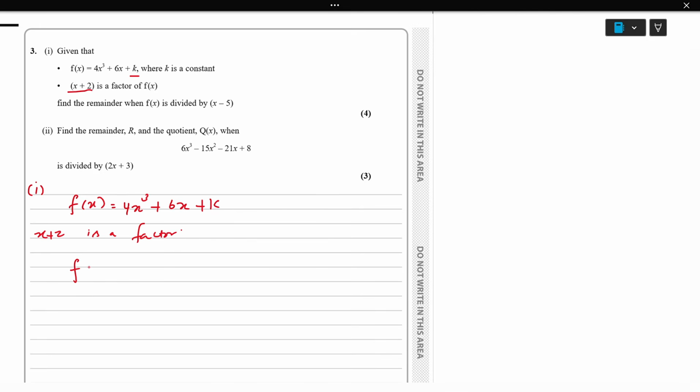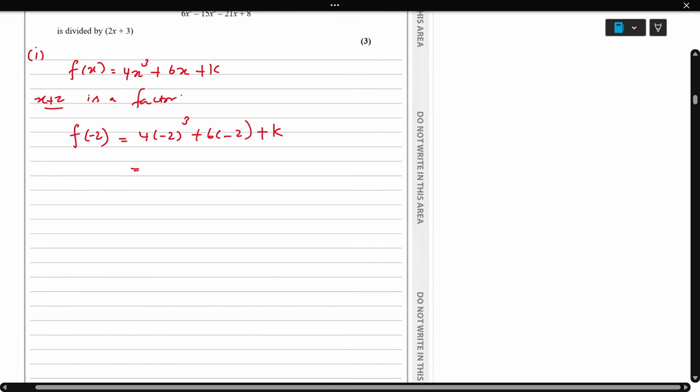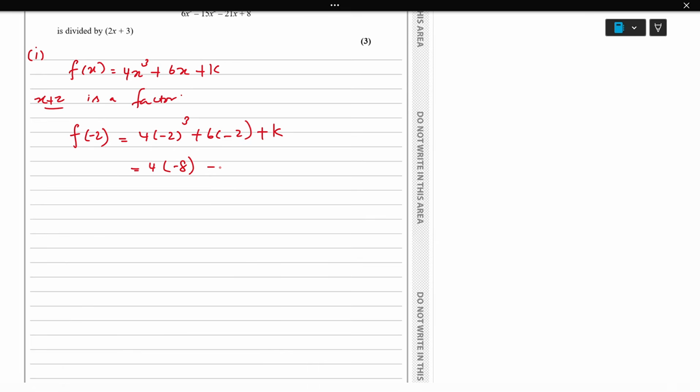So f of minus 2, because x plus 2 will take the opposite sign, which is 4 of negative 2 cubed plus 6 into negative 2 plus k, which is equal to 4 times negative 8 minus 12 plus k, which is equal to 0, because x plus 2 is a factor, so there is no remainder.